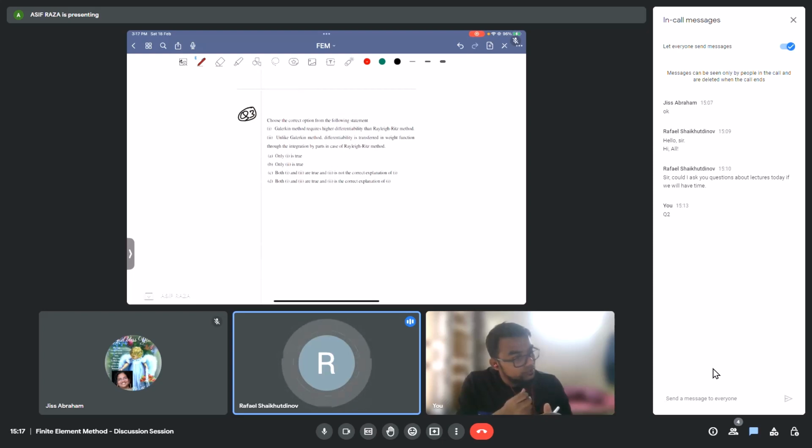My understanding is that the function in the weak statement has a lower differentiability requirement than in the original statement. So the meaning of the word transferred is not clear here.